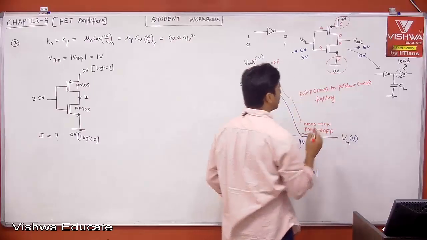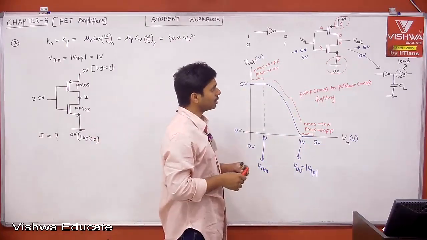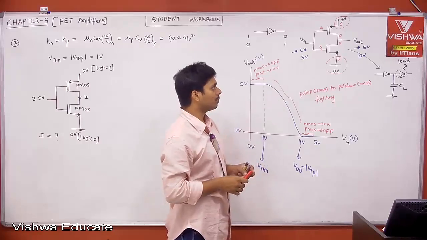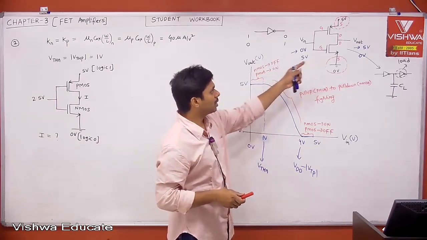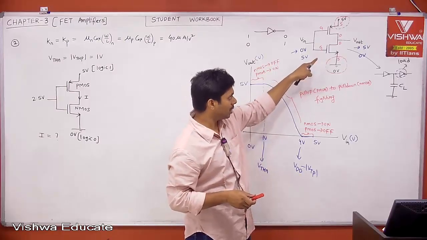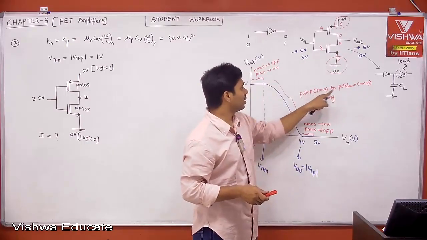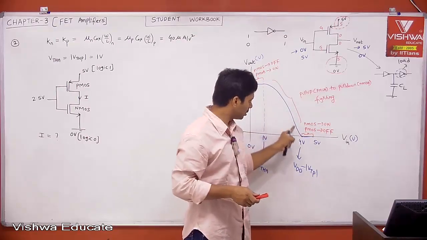But KCL, KVL should be satisfied. Therefore, which one is dominating? That depends on the input voltage. As the input voltage increases, your NMOS is dominating slowly. As NMOS is dominating slowly, it is trying to pull down the node. That's why the output is decreasing.